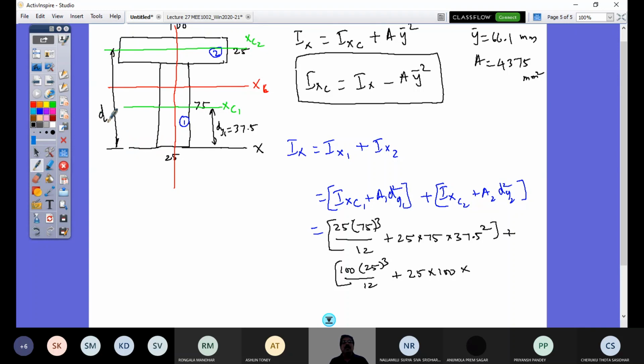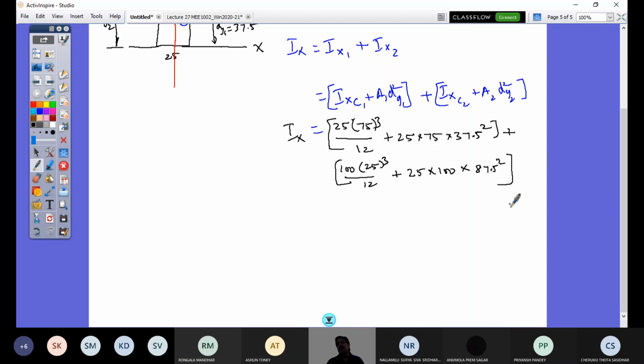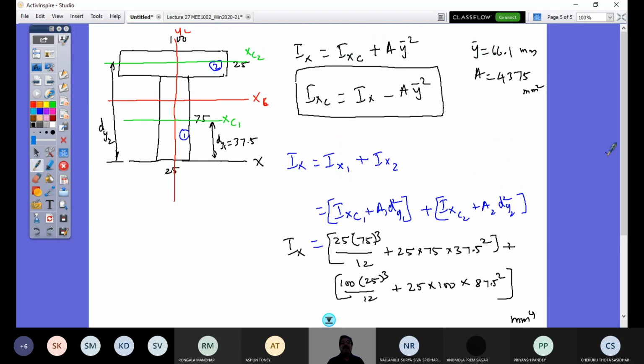So how much is that? 75 plus 12.5. So that is going to be 87.5. So 87.5 square, right? So this is what is my Ix. By adding these two, I get some number value, and that unit would be mm power 4, whatever I get. And then I can go in for finding Ixc about this axis.